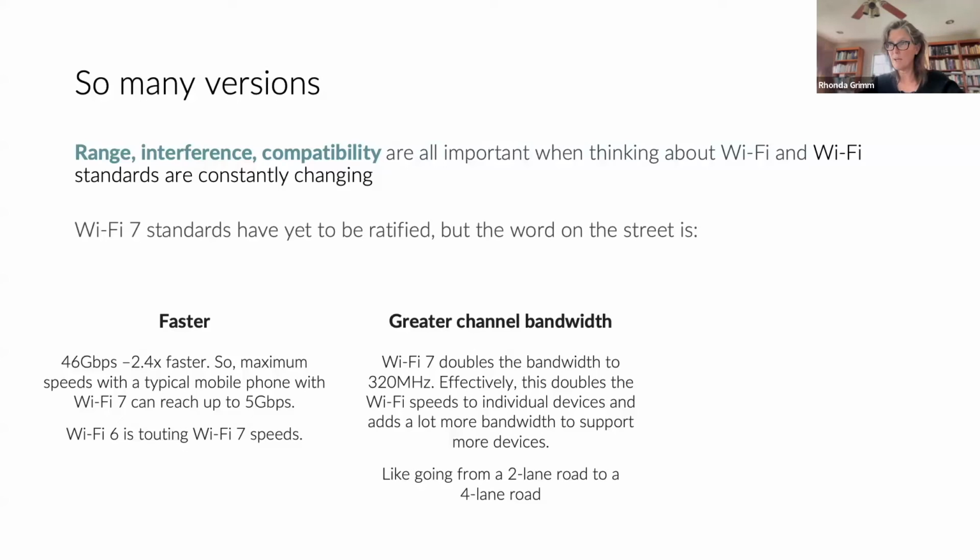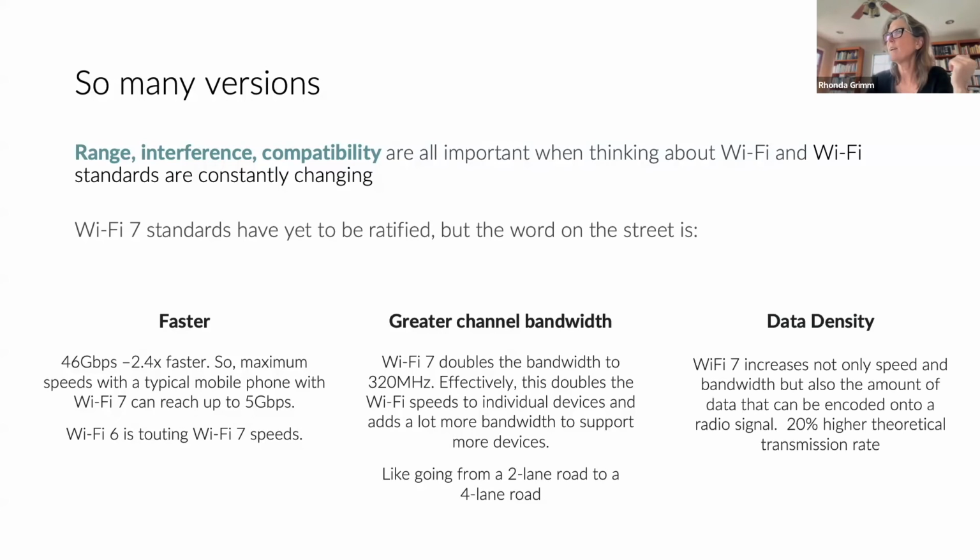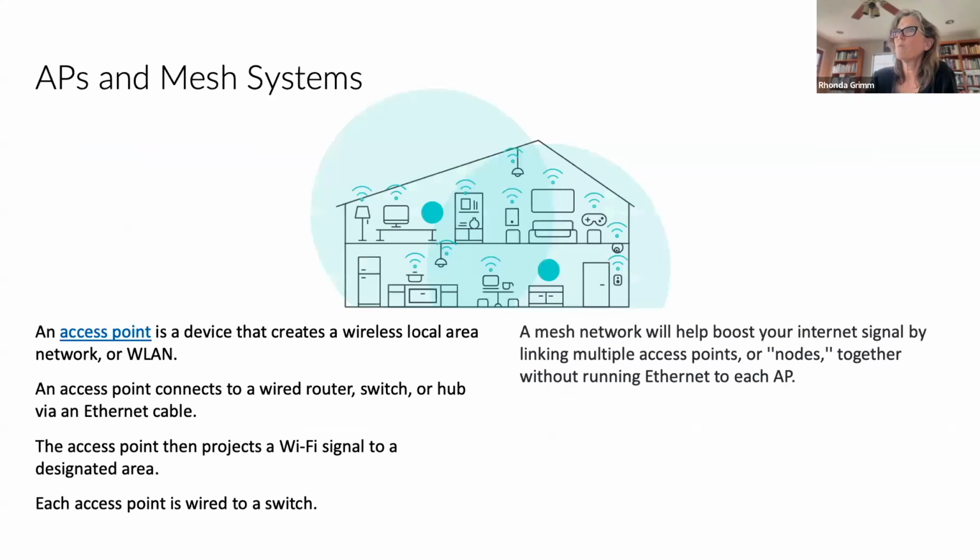You can just dump a lot more data on there. And the data density is like 20% higher. So all in all, it gives you so much more speed and capacity.